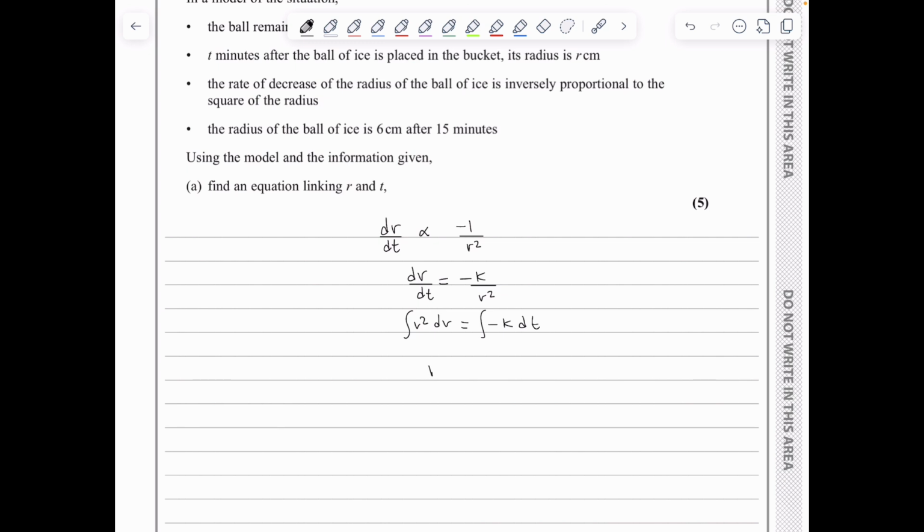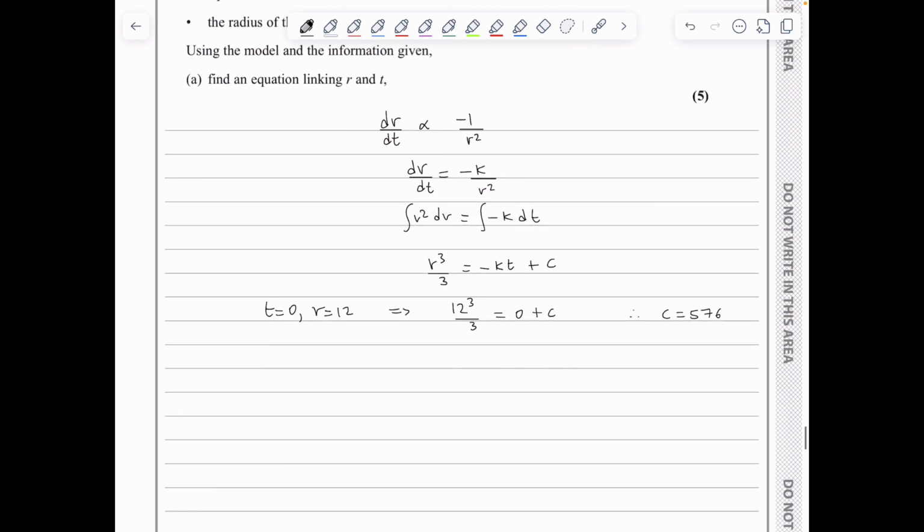This leads to r cubed over 3 being equal to minus kt plus c. And then I can use the fact that originally the radius was 12, so when t is 0, r is 12, which means we're looking at 12 cubed over 3 being equal to 0 plus c, and therefore we conclude that c is equal to 576. Now we also know that when t is 15, the radius is down to 6 centimeters, so we're looking at 6 cubed over 3 being equal to minus 15k plus the c, which is 576.